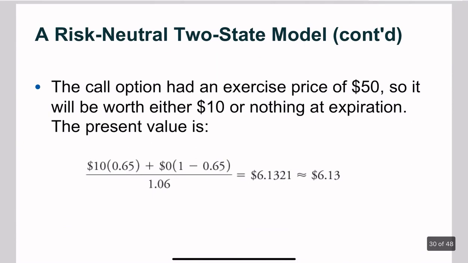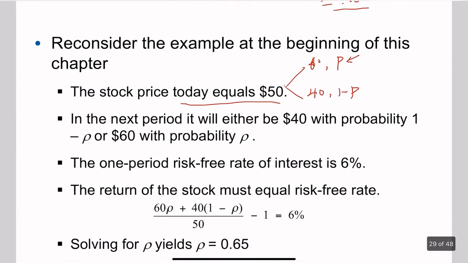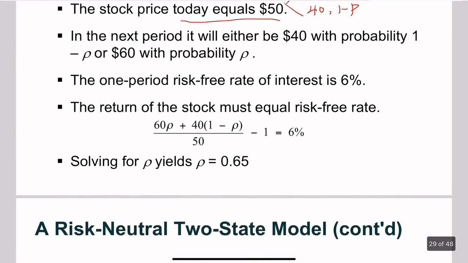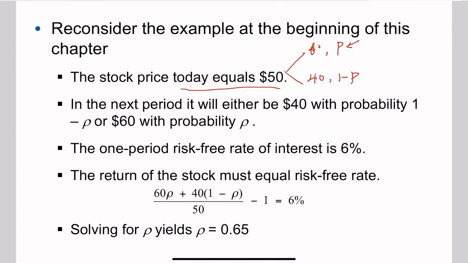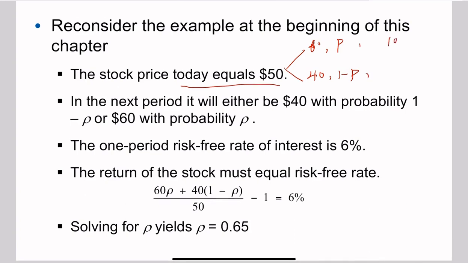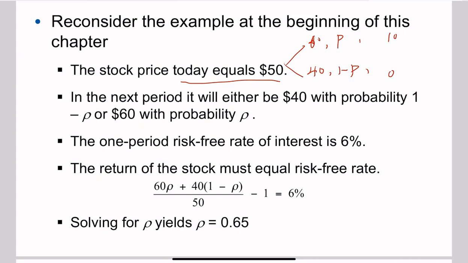And next, we can use the risk-neutral probabilities to value this option, right? This option has an exercise price of 50. So the option's payoff would be either 10 or 0, right? Because if the stock price is 40 and the option's exercise price is 50, then the option holder will not exercise this option.